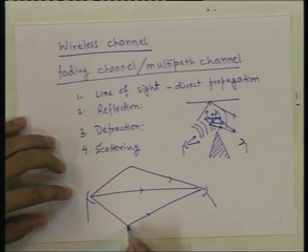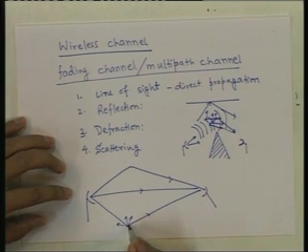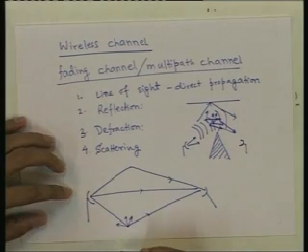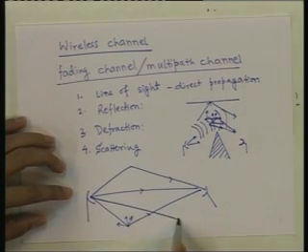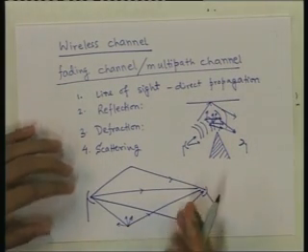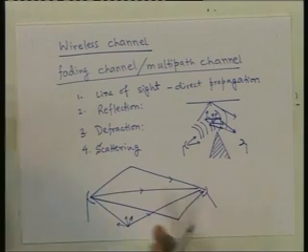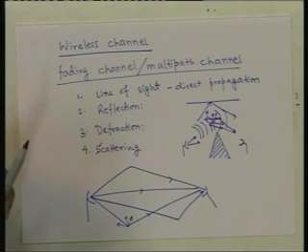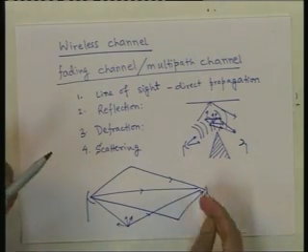So, it may get scattered from here and actually go in all directions, but one of the rays can reach the receive antenna. And there are usually infinitely many such paths through which the signal is propagating to the receive antenna.